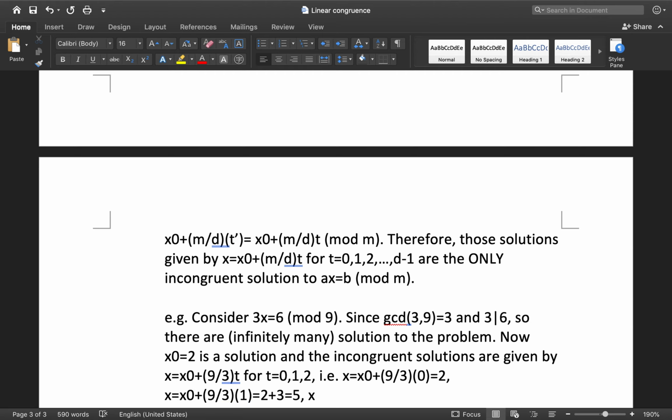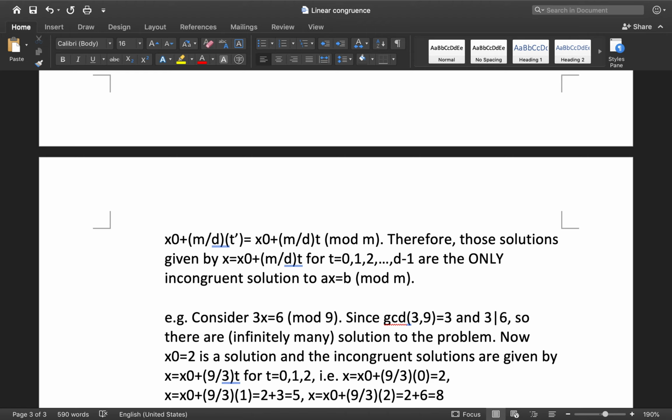And for the final one, you have x0 plus this 9 over 3, this time you multiply by 2, then you get 2 plus 6, that gives you 8. So x equal to 2, x equal to 5, and x equal to 8. Those three solutions are the incongruent solutions to the problem.